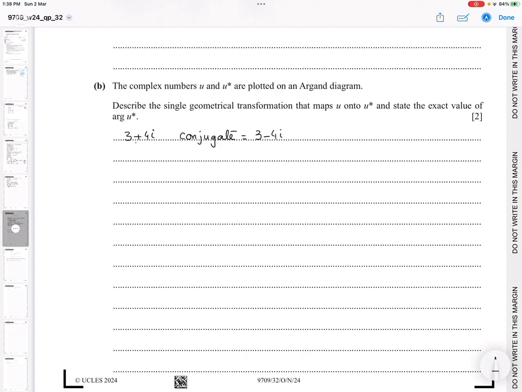So suppose I sketch x plus iy, so this is x plus iy, with the real and imaginary lines. Its conjugate would be exactly the reflection in the real line, x minus iy.